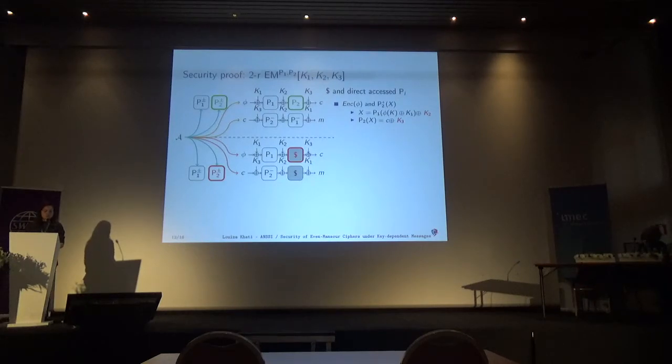So how can the adversary trigger this kind of collision? He can ask, for example, to encrypt some function phi, and he can ask the value x to the direct permutation P2, such that x will be equal to the input here.